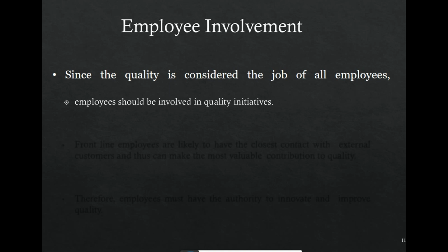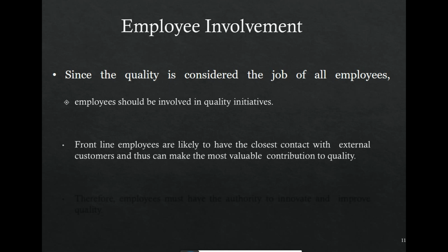And you should take the fear out of the system, out of the organization. The frontline employees are likely to have the closest contact with the external customer and thus can make the most valuable contribution to quality.